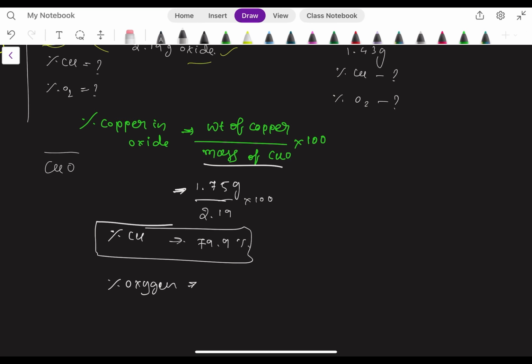In this, I got 79.9 percent copper, so the remainder is oxygen, right? Out of 100, 79.9 is the copper, so I get 20.1 percent. This is the percentage of oxygen.